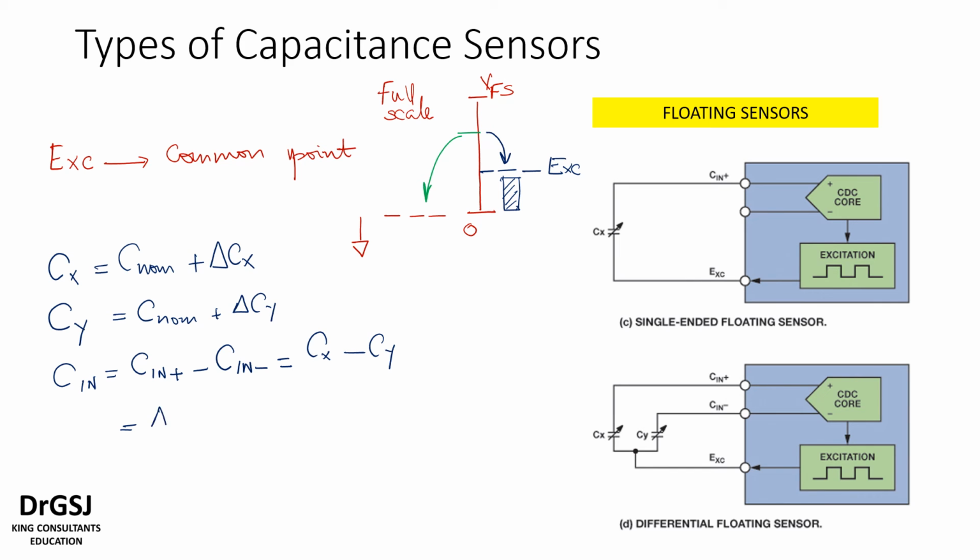So here this Cin becomes delta Cx minus delta Cy. So this is how the operation of a floating sensor works in comparison.